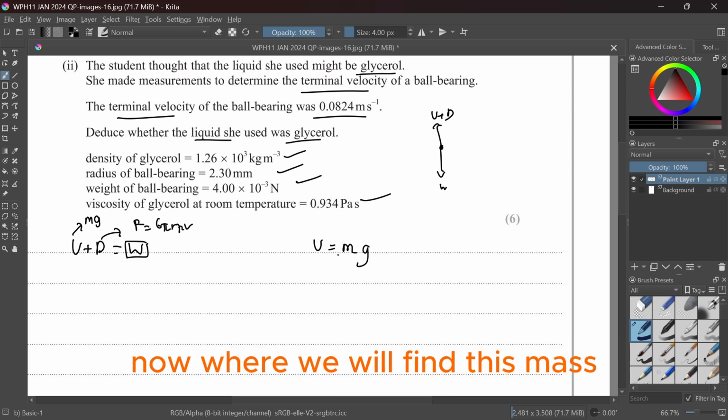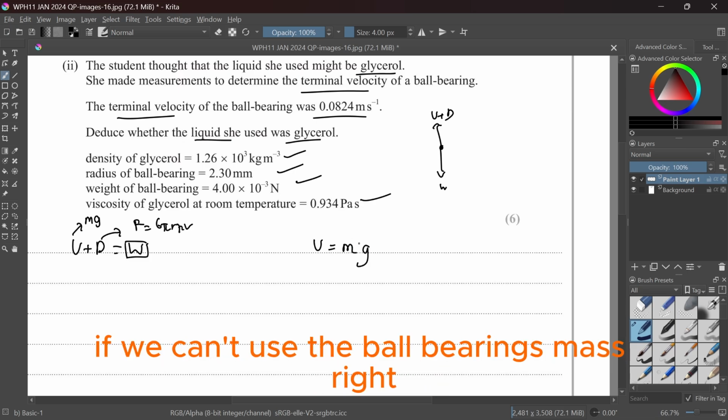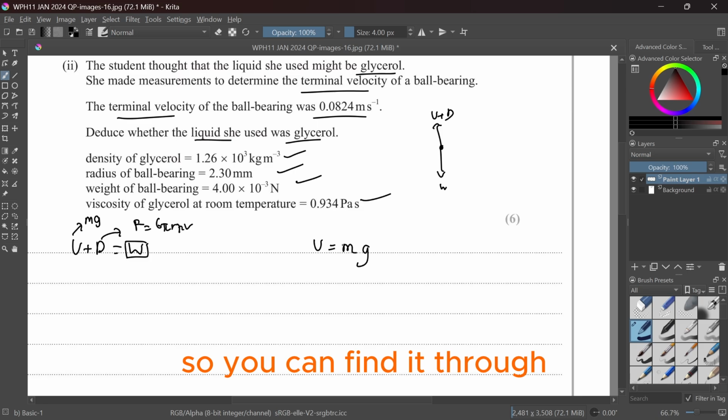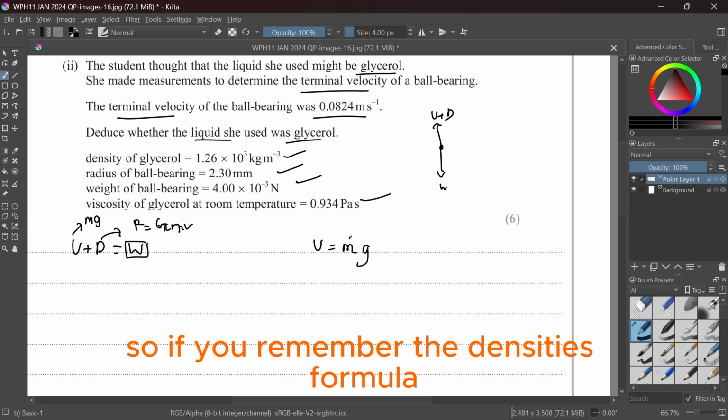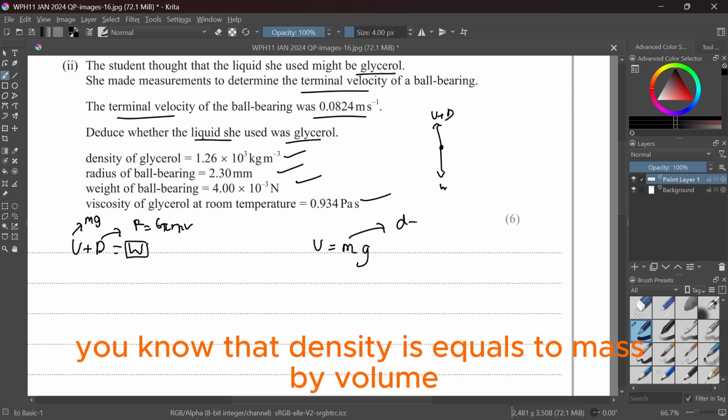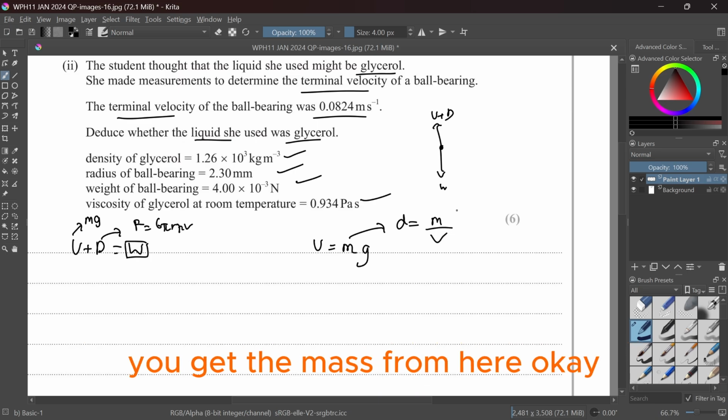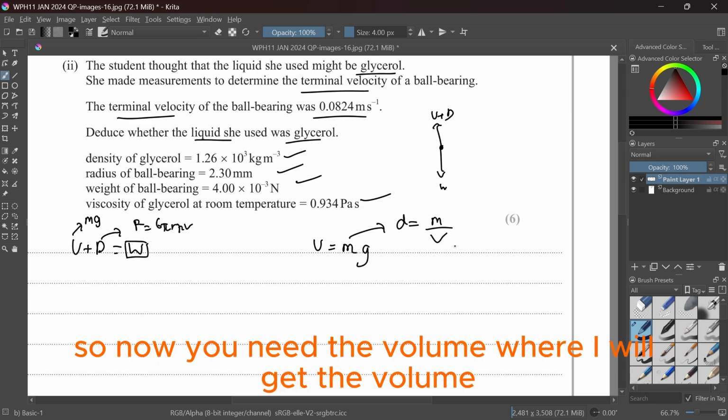Now where will we find this mass if we can't use the ball bearing's mass, right? You can find it through this right here. You have been given density and you have been given the radius as well. If you remember the density formula, you know that density is equal to mass by volume. You get the mass from here. Okay, so now you need the volume.